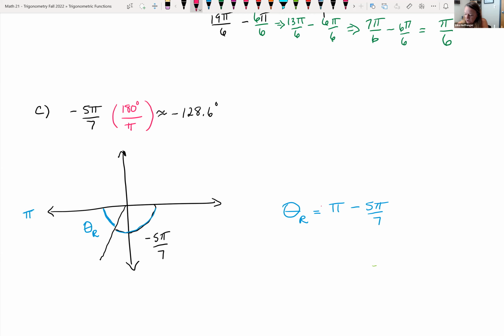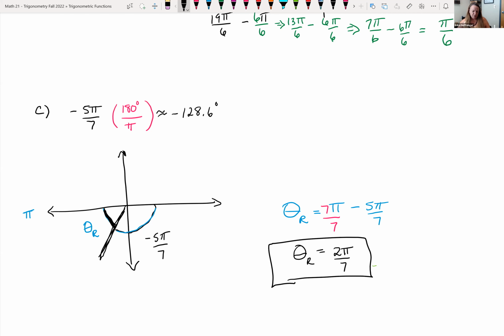So I can rewrite this pi as 7 pi over 7. This would give us back 2 pi over 7. Our reference angles are always positive angles. And so that angle that would get us from the negative x-axis down to our terminal side would be 2 pi over 7.